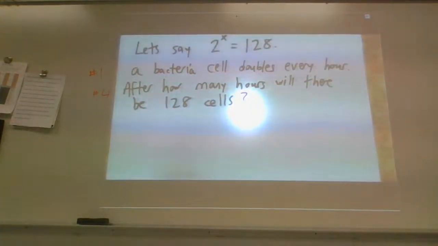This is a very basic, straightforward, simple word problem that applies to what we've been doing. You start with one cell, that's the value of A, and it doubles every hour, which means that B is equal to 2.